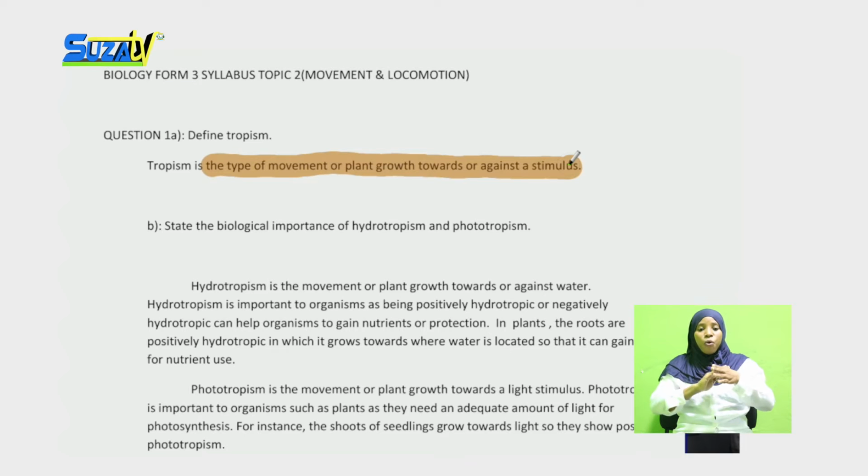Moving on to our second question, we are told to state the biological importance of hydrotropism and phototropism. So here we are told to state the biological importance of two types of tropisms. In answering a question like this, the student should have a complete concept of those two terms.